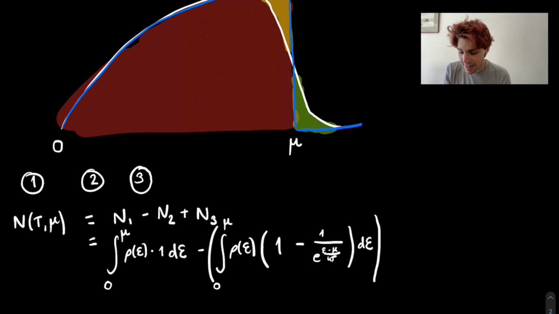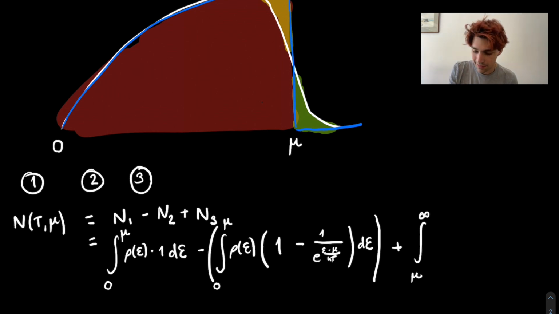And now for our final part, we're going to add on the integral. Now in this case, we're actually going to be above mu. We're considering the area under the curve above the chemical potential. And the upper limit is going to be infinity right there, because potentially it's going to go up to infinity.